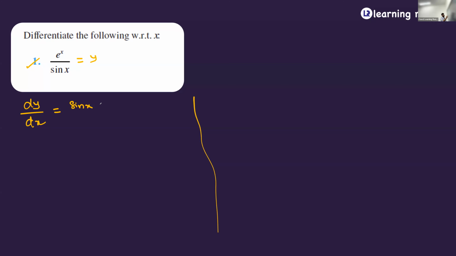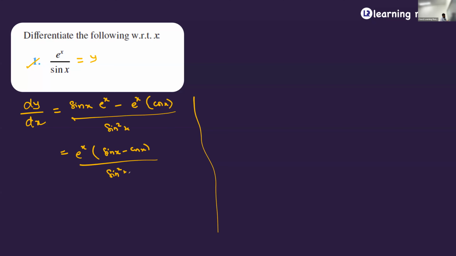So g of x into e power x minus into derivative of denominator, that is cos x, the whole divided by sin square x. So what do you get here? E power x into sin x minus cos x divided by sin square x is what is dy by dx. I think this is easy. Right. Let's try with the other method and also see.